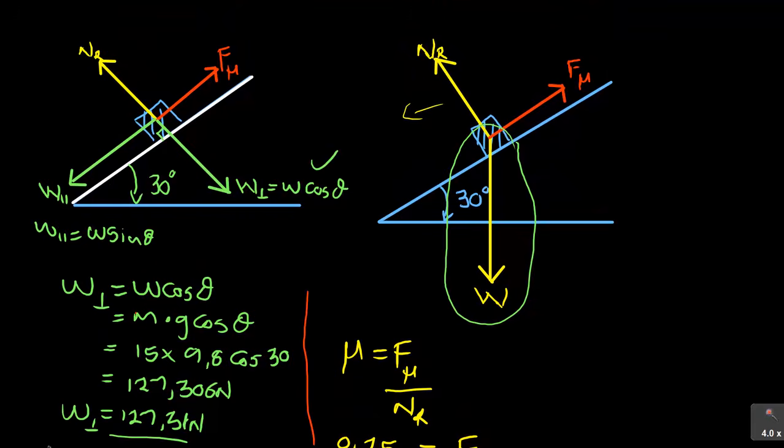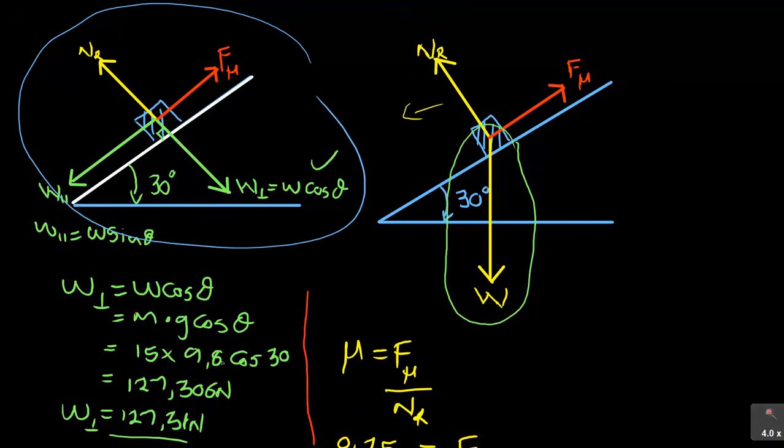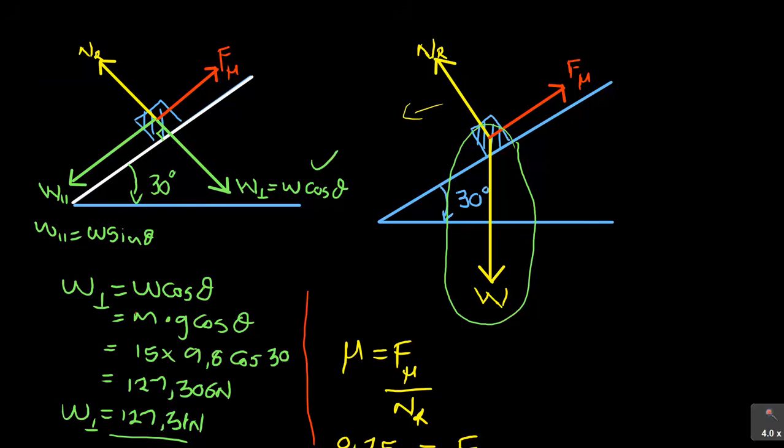You can see this is the diagram that is most important I'm supposed to use. It will give me my NR. Now, how do I use the diagram? Look at the forces. Let me use my red pen. Let's look at this particular force, because it is the one that is connecting N and F mu. You can see that I've got two arrows, one pointing up for NR and the other one pointing perpendicular to the plane for weight perpendicular.